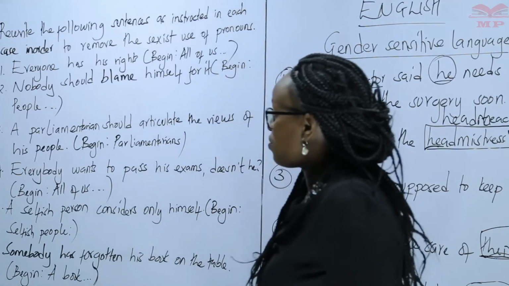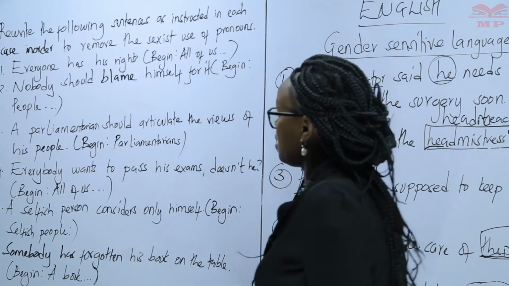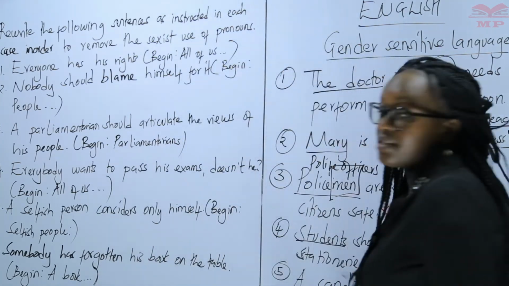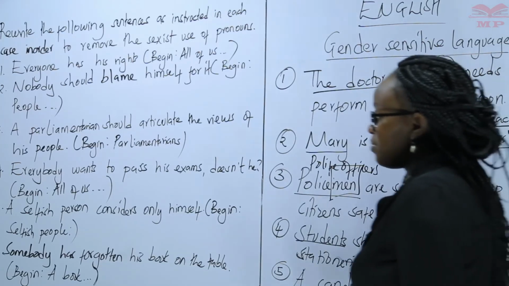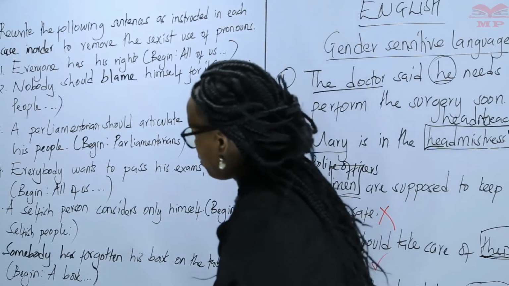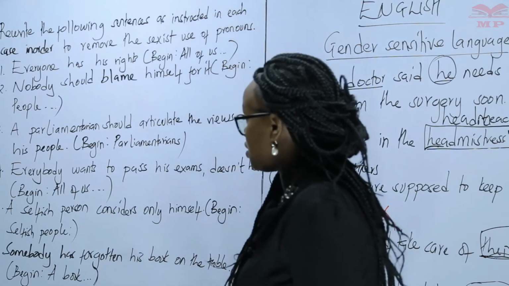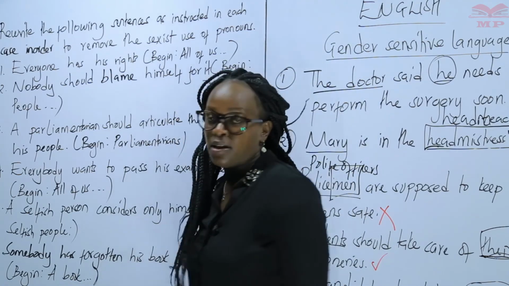Then we have number 4, everybody wants to pass his exams, doesn't he? Then begin with all of us. Number 5, a selfish person considers only himself. Then begin with selfish people. Then number 6, somebody has forgotten his book on the table. Then you're asked to begin with a book.